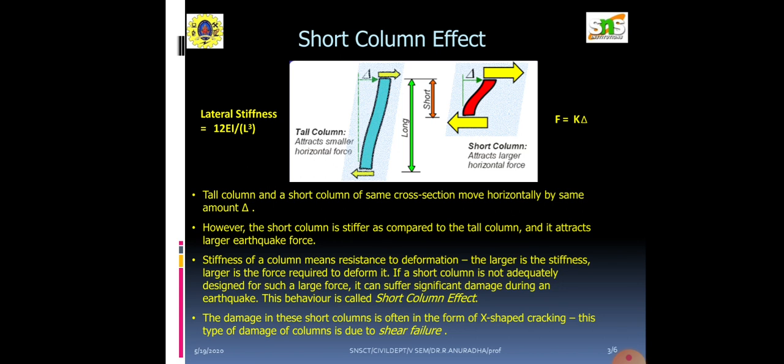The damage in these short columns is often in the form of X-shaped cracking. This type of damage is due to shear failure. So the stiffness is more in the short column.